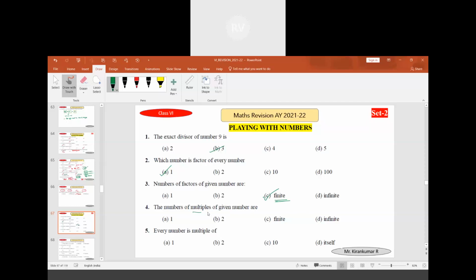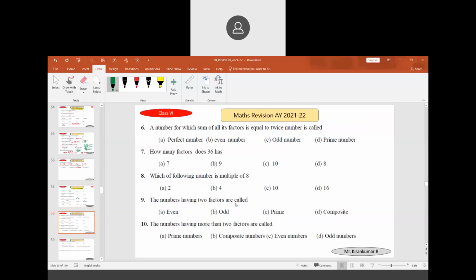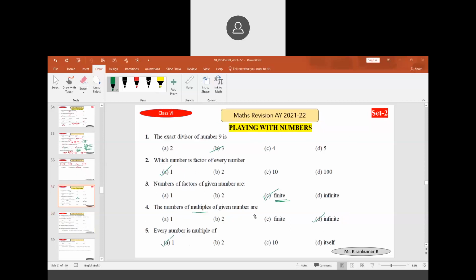What about multiples? Infinite. Every number is a multiple of itself. Itself is the answer.